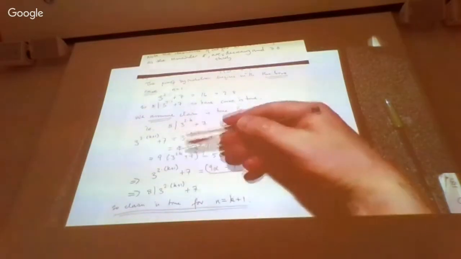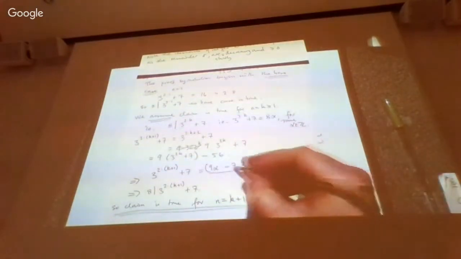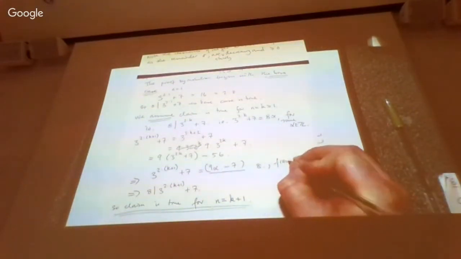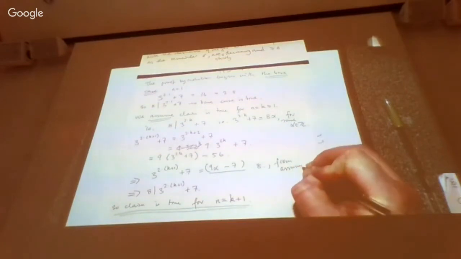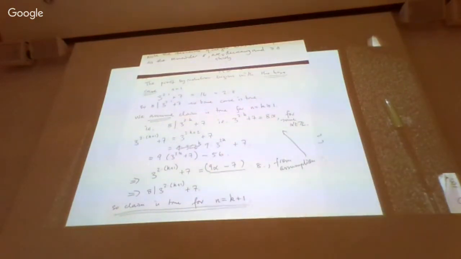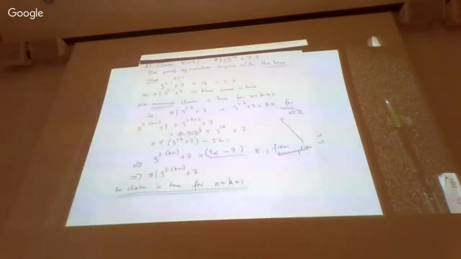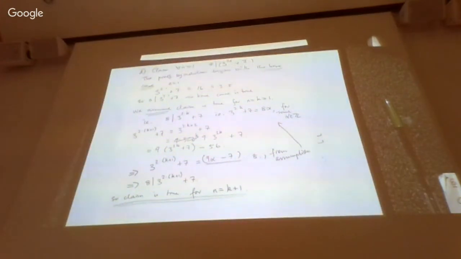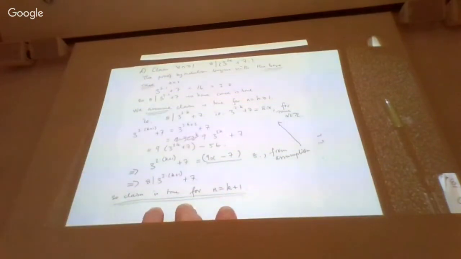So this was algebraic manipulation. Here, from the assumption, we bring in our alpha. That's pretty much it. We have the base case, the assumption, and pushing the assumption forward to the truth of the next case.